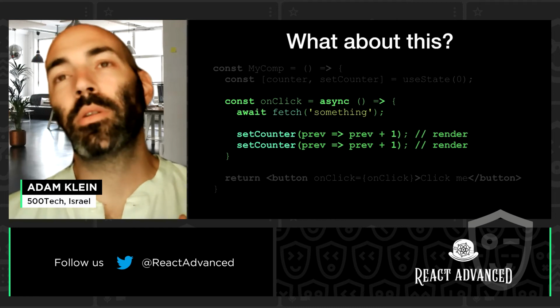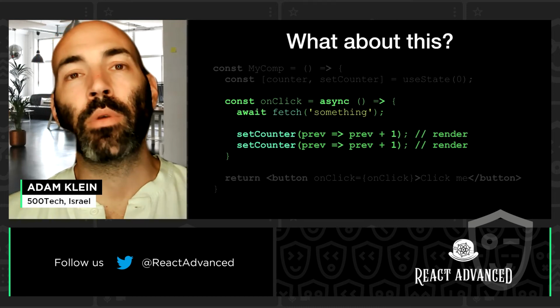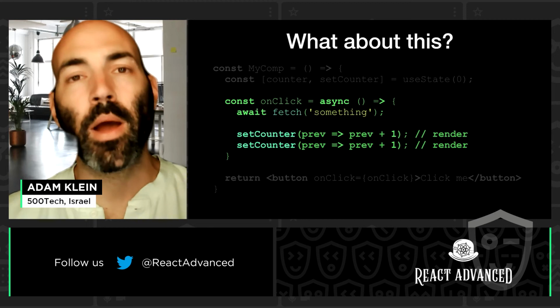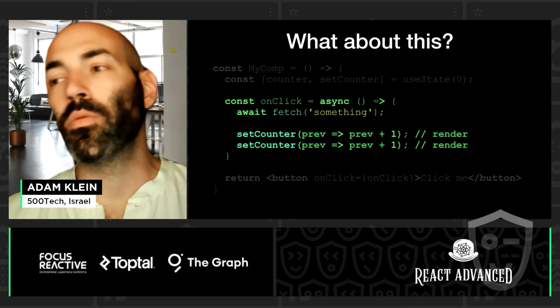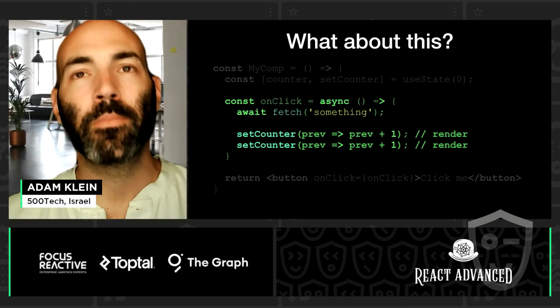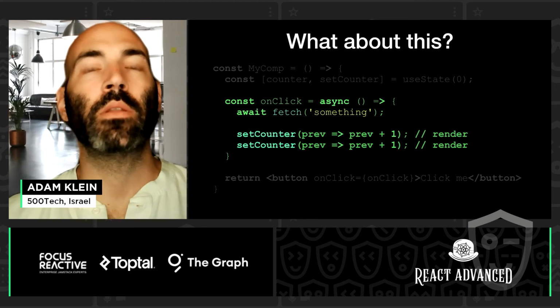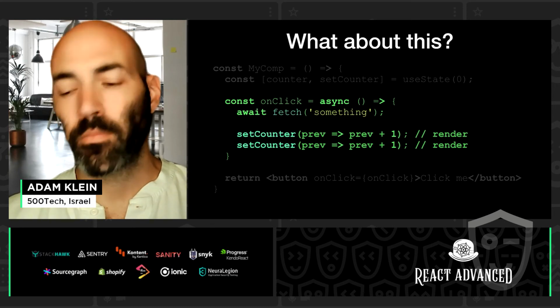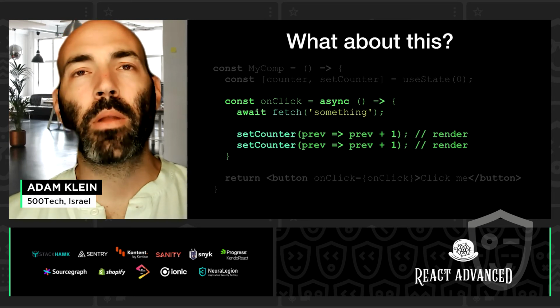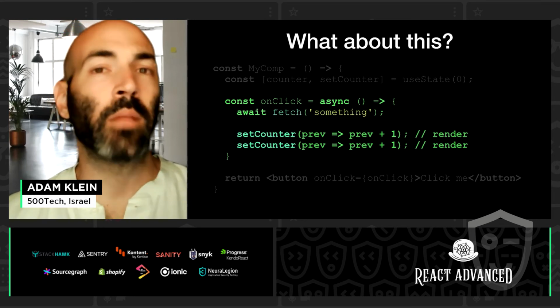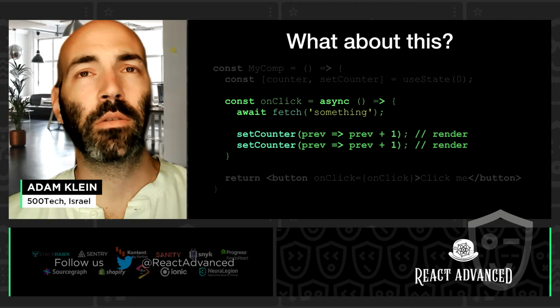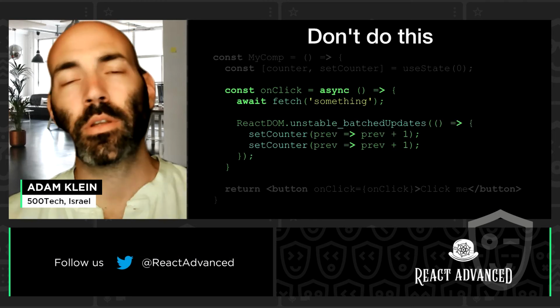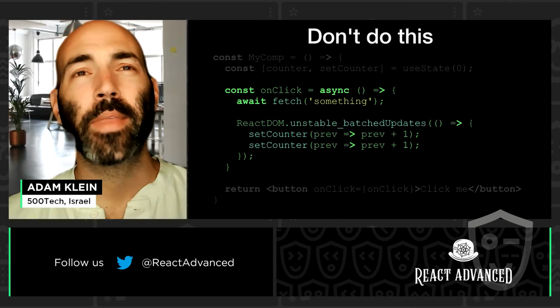This is important to know in case you want to avoid some kind of flickering of the UI, or you want to micro-optimize your renders, and then you should know that this will trigger a render twice. It's usually not a problem, but it helps to be aware of the difference between synchronous functions and asynchronous functions.